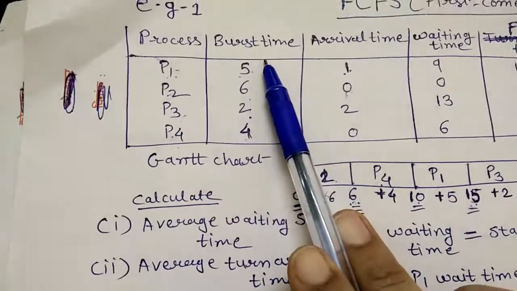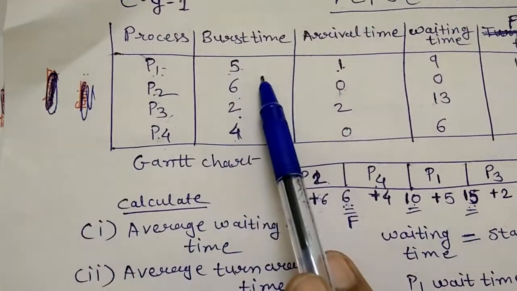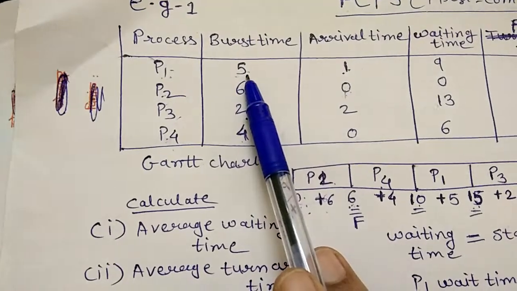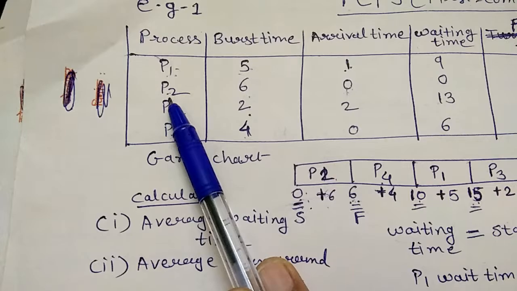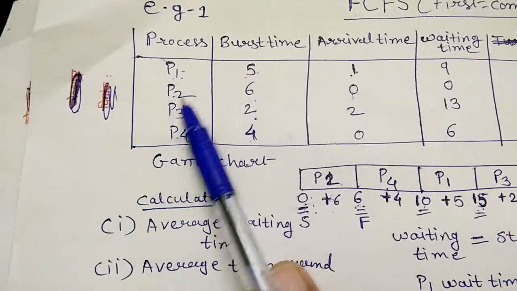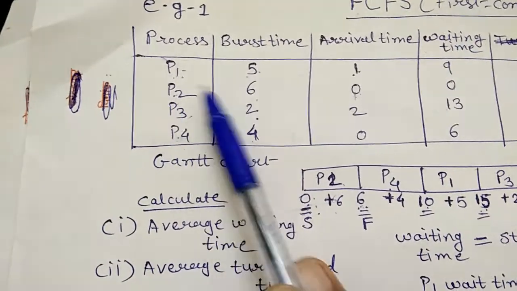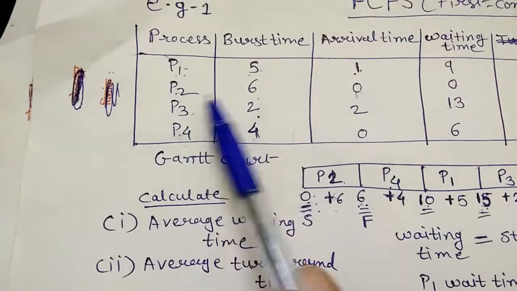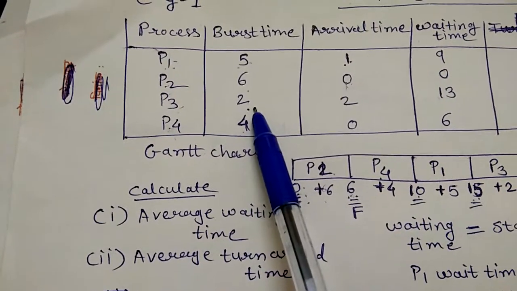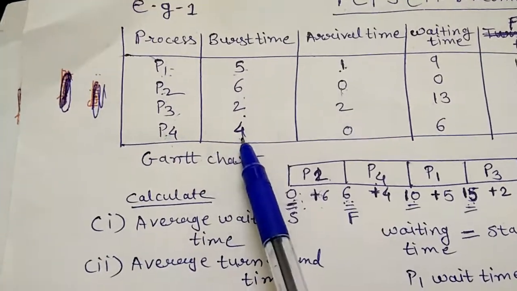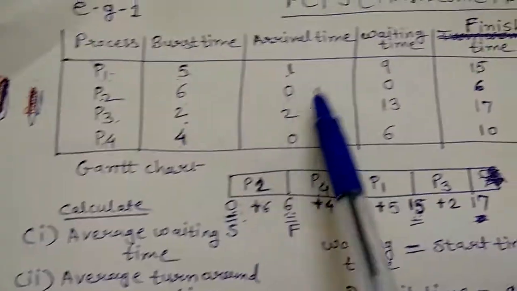The required time for P1 for execution is 5. The execution time for P2 is 6. The execution time for P3 is 2. Execution time for P4 is 4.